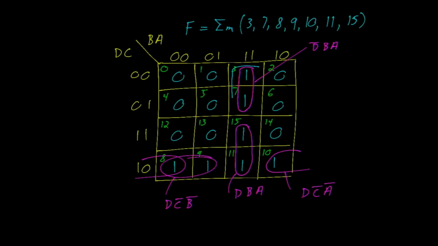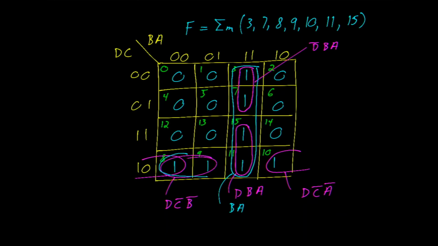That's a relatively easy question on these K-maps, because all we have to ask is, have we made the largest circle possible? For example, this is the BA column.